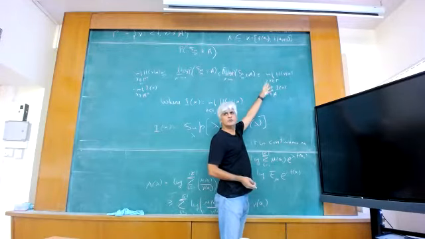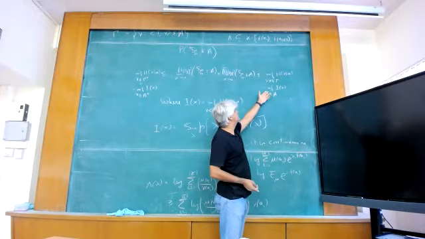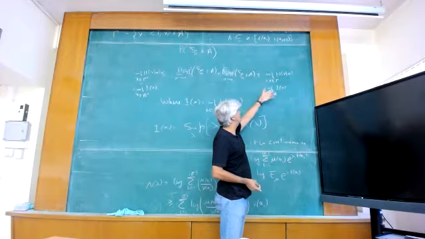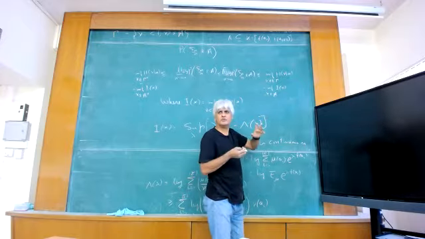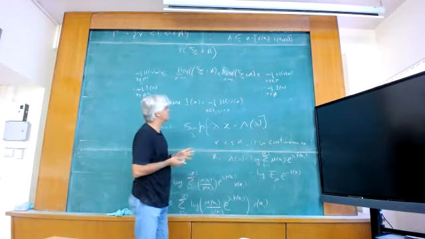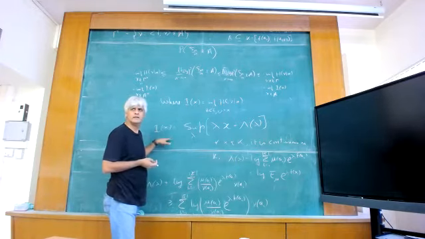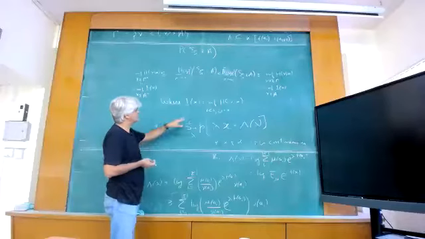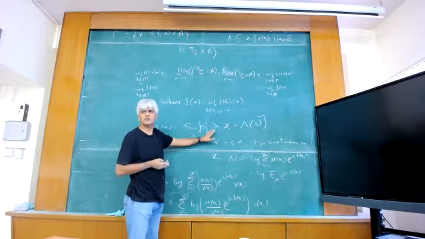H nu mu where nu lies in gamma is the same as infimum of h nu mu, mu lies in gamma, same as infimum of I of x, x lying in A. We define I of x to be infimum of h nu mu such that mean under mu is equal to x. So that part is true. So all we really need to show is this thing right here. We need to show that this quantity here is equal to this quantity here. And then I of x is continuous. That's what we really need to show.